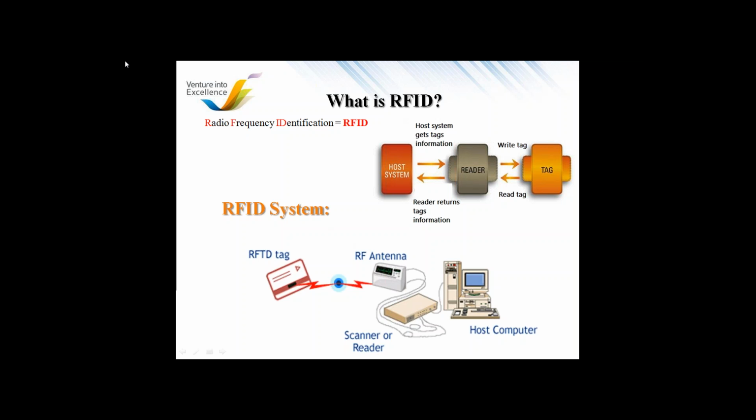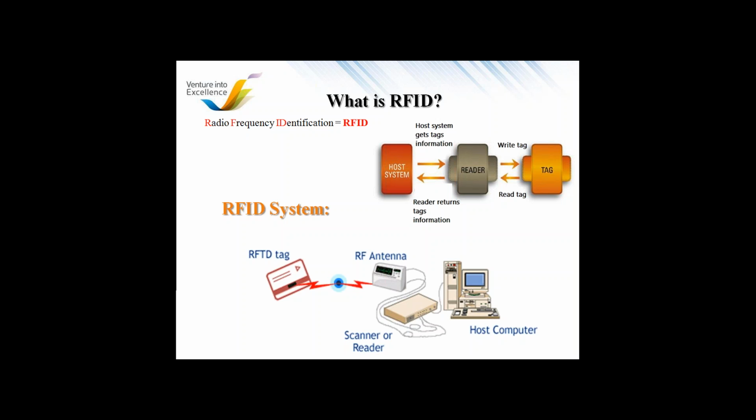The RFID system should consist of an RFID tag, an RF reader, and a host system. For example, when the operator reads the tag by RF reader, the device will send the tag information to a host system. The host can check if the data is correct or not, then send a notification to the reader.